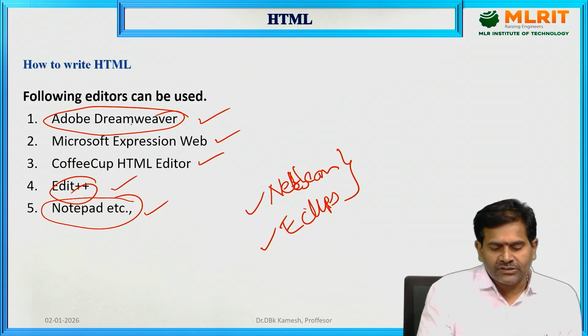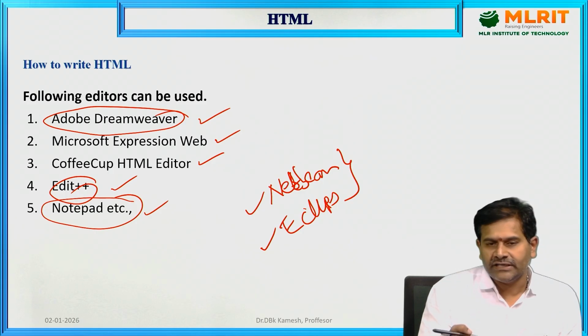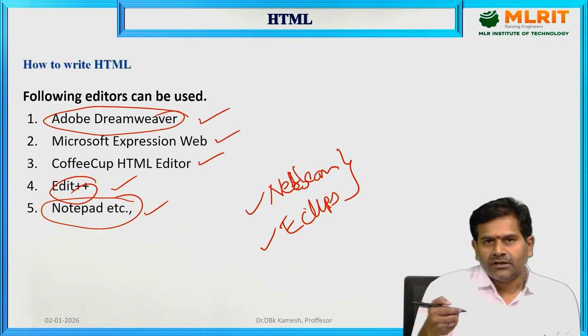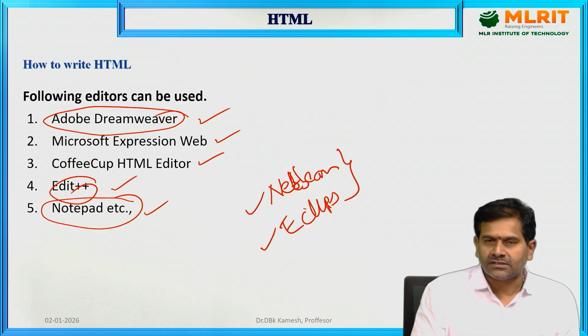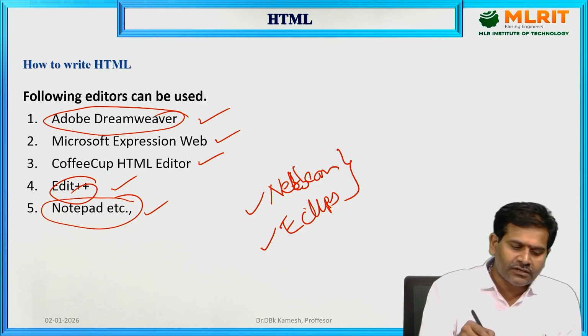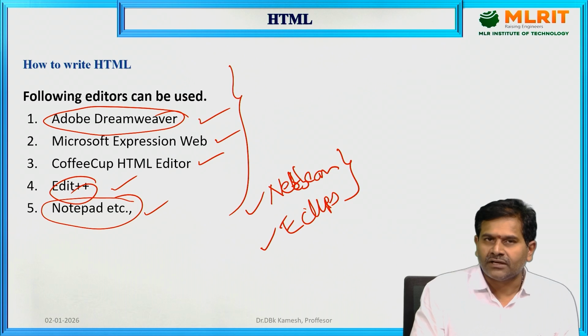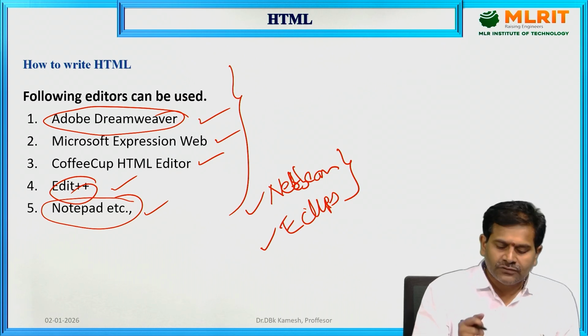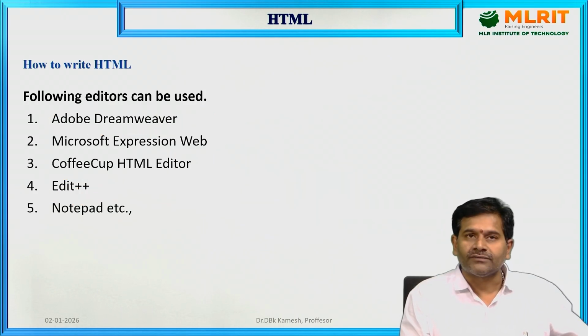Nowadays everybody, even for car stickers or bike stickers, wherever you make stickers, they use this kind of tool like Adobe Dreamweaver. This is a very useful language for all varieties of web programming.